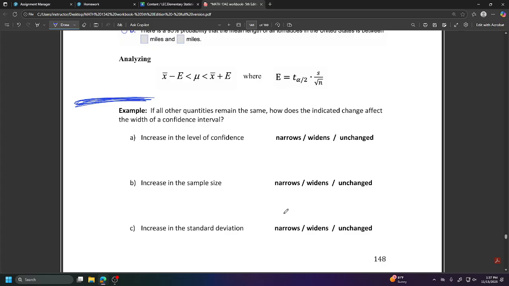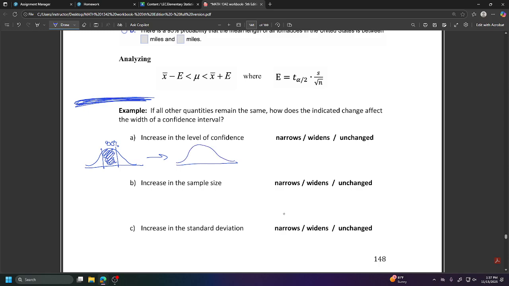So let me go ahead and give you a little bit of picture-wise on what's going on here. This is just multiple choice that we're going to find on the homework as well. They're going to say, hey, what happens when you change the level of confidence? Let me give you some pictures here. What if I were to say I was 80% confident? So let's call this 80. And they're saying, what happens if you increase it?